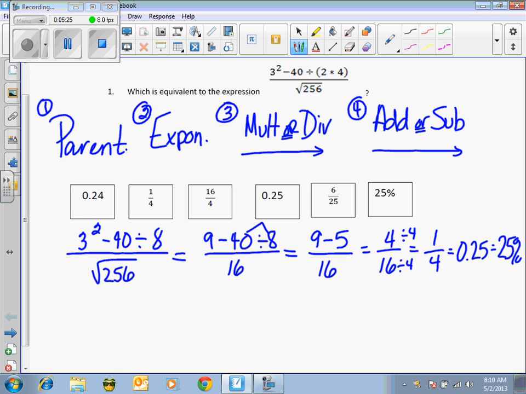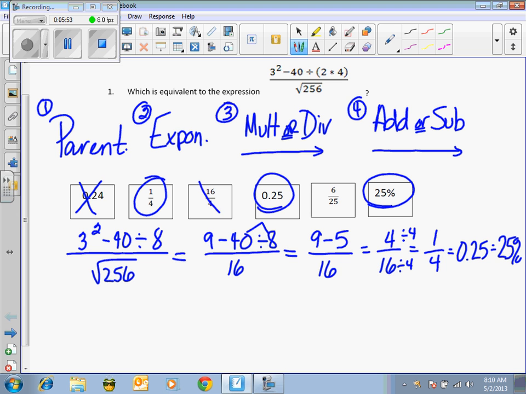So now that I have my answer choices, I can go ahead and select 1/4, 0.25, 25%. 0.24, it's close, but it's not quite correct. 16 divided by 4, see, they did that because a lot of us are very comfortable with doing big number divided by small number and getting a nice whole number of 4.